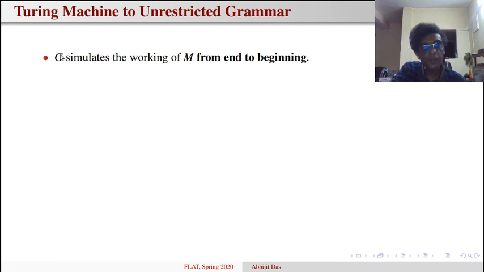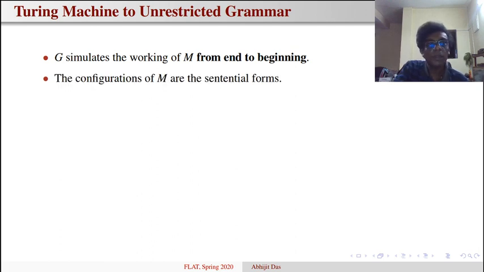G starts from capital S, and at the last step of its derivation, it generates the final string, whereas M starts with that string and eventually accepts. So the configurations of M will be the sentential forms for G, the derivation process.